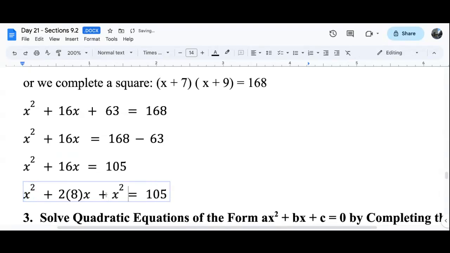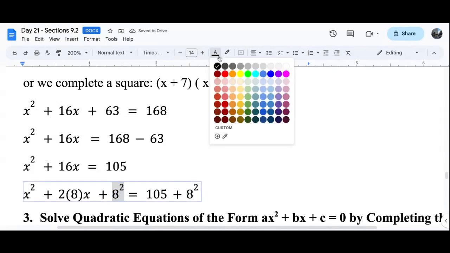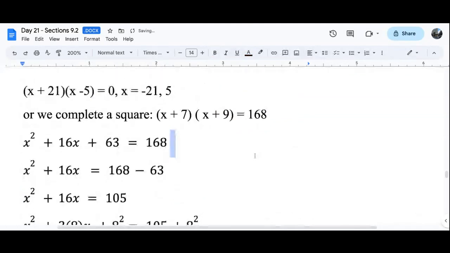But we cannot just add a square to an expression or equation, so we have to subtract, or since we have an equation, we can add on both sides, so the equation stays true.